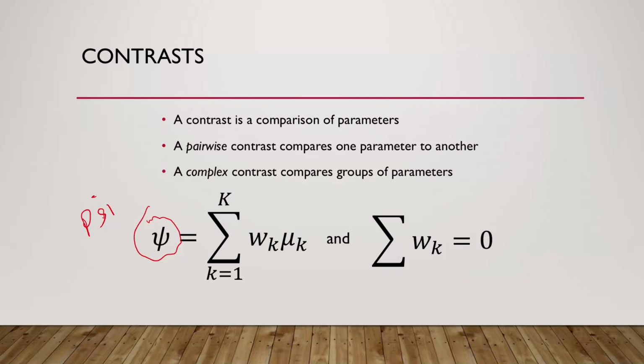Notice over here that I actually have a population mean. We're using the symbol for a parameter for means, that is the mean of a population, and that symbol is mu. The sub k indicates a group. That means that we are going to select means from particular groups that we specify.